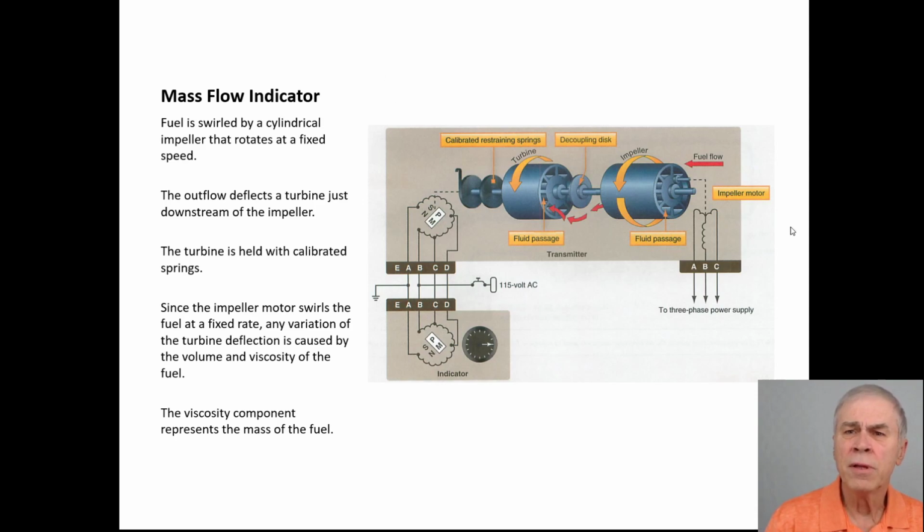All right, so the impeller motor is actually rotating at a set amount, and based on the viscosity and the mass of the fuel that is being pushed from the standard speed impeller to turn the turbine, it's set up to measure on an indicator the fuel flow in gallons or pounds per hour.